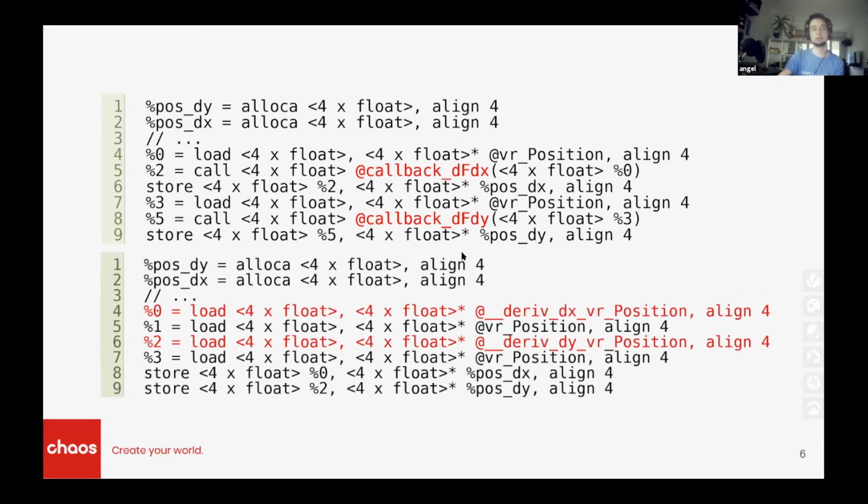And so after the differentiation pass, we will seek to get something like this, because in this particular case, the variable VR position is a global variable which is injected by the environment. Its derivative is also injected.